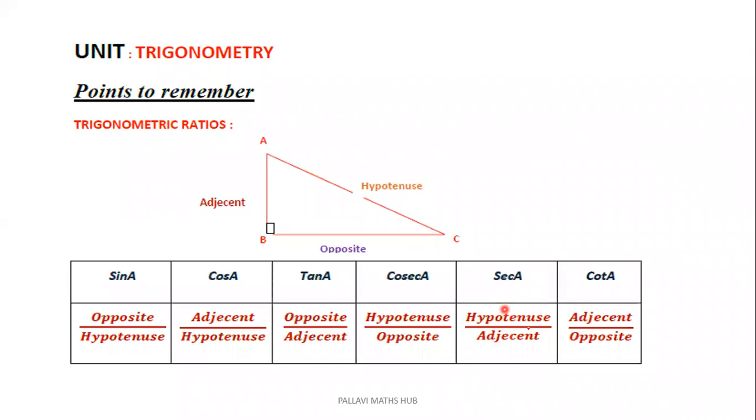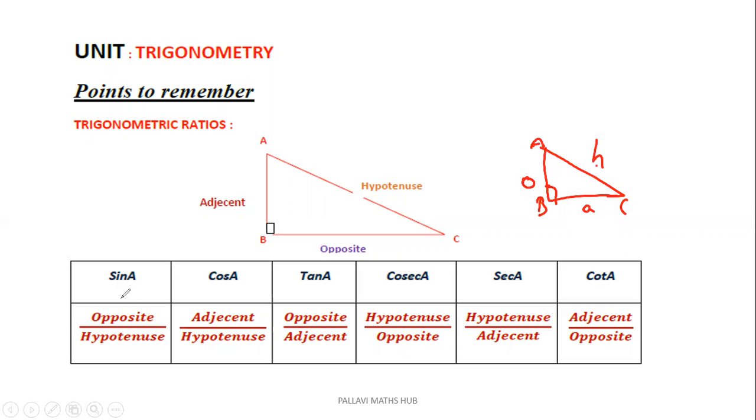Next, trigonometry. Here trigonometry is very simple. It is based only on the right angle triangle. Tri means 3, gon means sides, metry means measurement. You need to find the measurement of the 3 sides. That is called trigonometry. A right angle triangle has a hypotenuse side, and the other sides are adjacent and opposite.